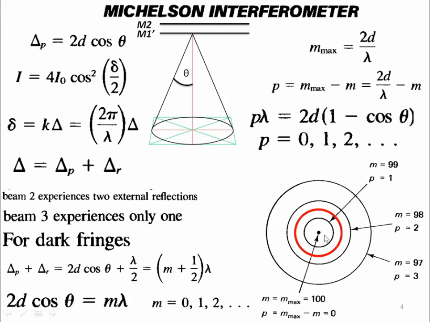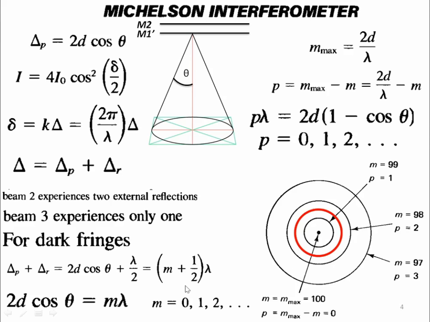When we move from a dark fringe to a bright fringe and then further to the next dark fringe, the order changes by one value. It's an integer, so here it is 100, here it is 99. So while moving from here to here, this has to change as a real parameter, right?